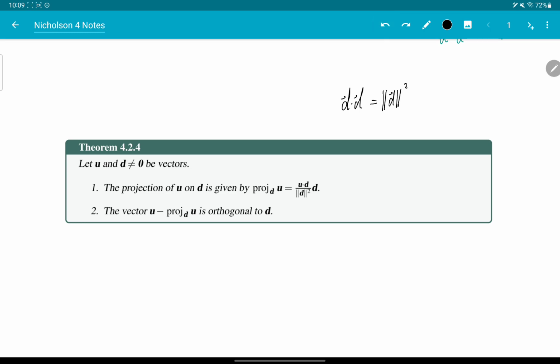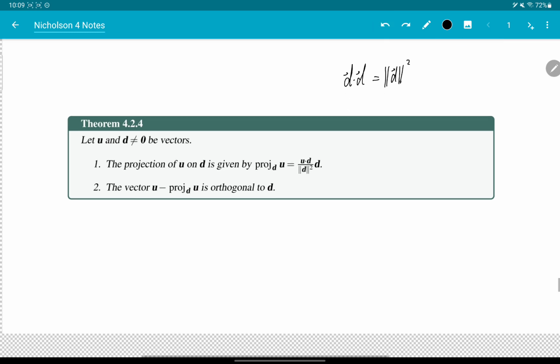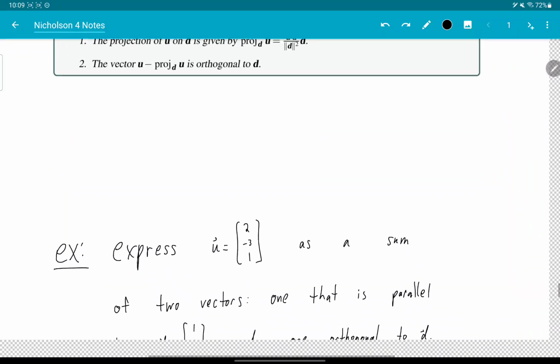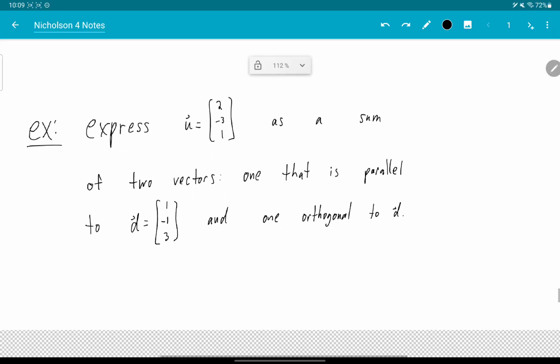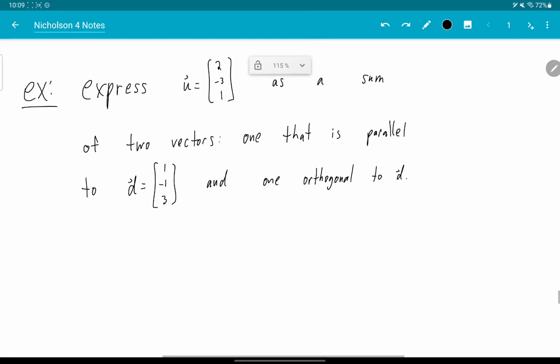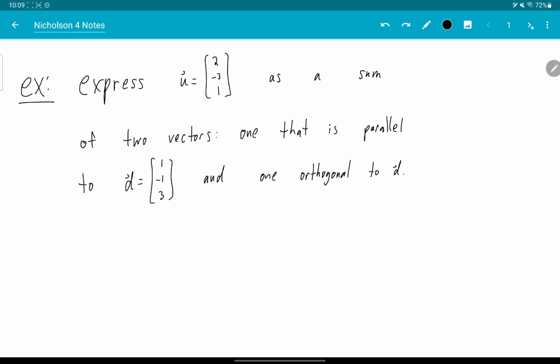Okay, let's do an example to get some practice with this. I'm going to take a vector and express it as the sum of two vectors. This is the picture we had before.